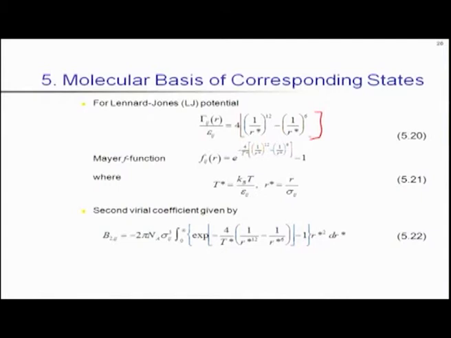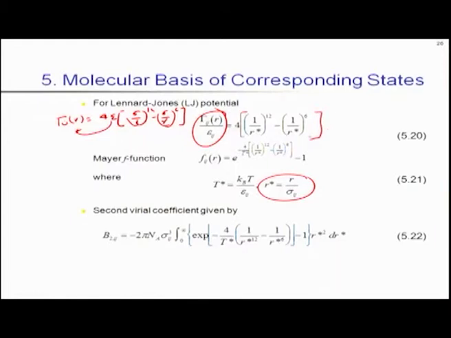Now I can rewrite this expression where instead of writing gamma ij r equal to 4 epsilon times (sigma by r)^12 minus (sigma by r)^6, I can take out this non-dimensional term, and this 4 epsilon multiplied by this non-dimensional term, where I put r star as r by sigma ij. I get this expression, and similarly for the other term, due to the fact that r star is this. So I can write this form. So this has become completely non-dimensionalized.